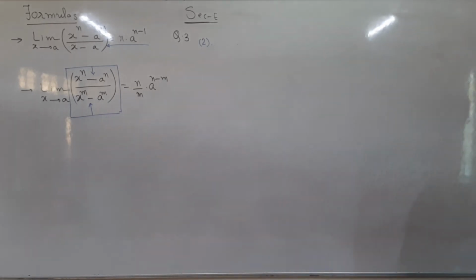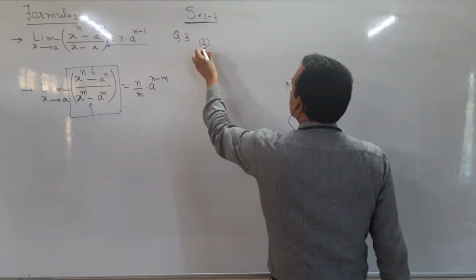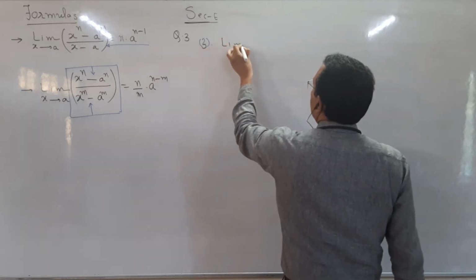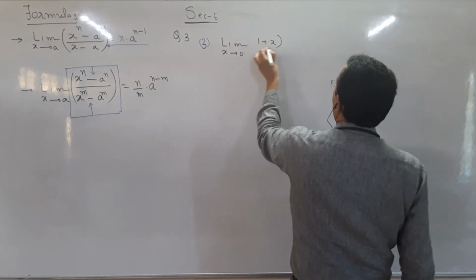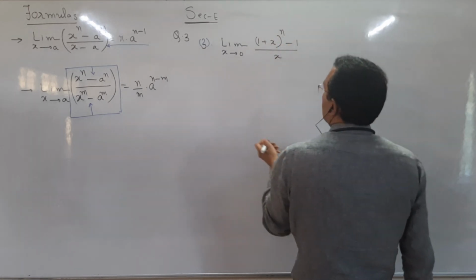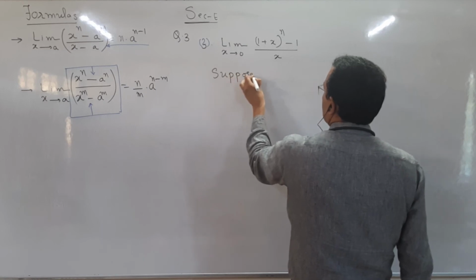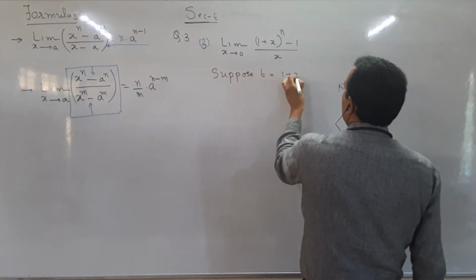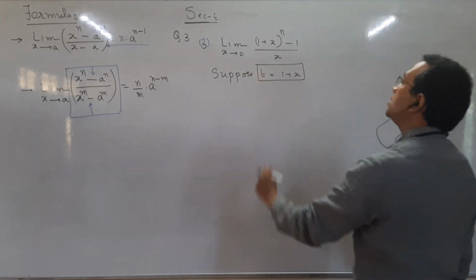(1 plus x) raised to n minus 1 upon x. Third sum: limit x tends to 0, (1 plus x) raised to n minus 1 upon x. Here also suppose t is equal to 1 plus x, because this should be only one term.